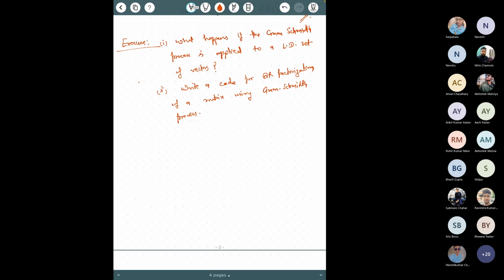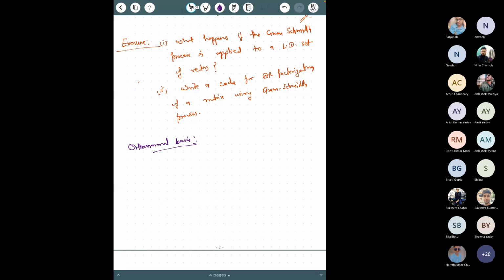By the way, using Gram-Schmidt, you can also find an orthonormal set of vectors. Whatever I mentioned in that result gives an orthogonal set of vectors. But once you find an orthogonal set of vectors, you can divide each vector by its length, and the set you obtain after that would be orthonormal. So you can also find an orthonormal set of vectors using Gram-Schmidt.